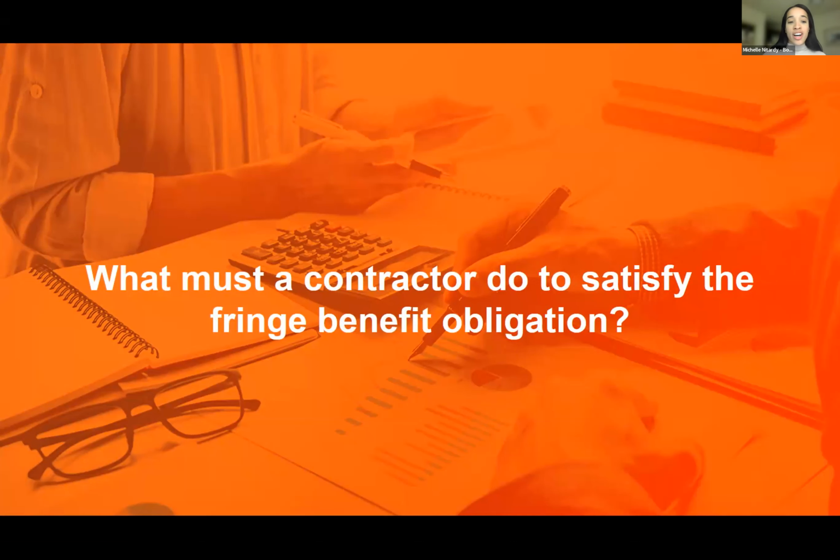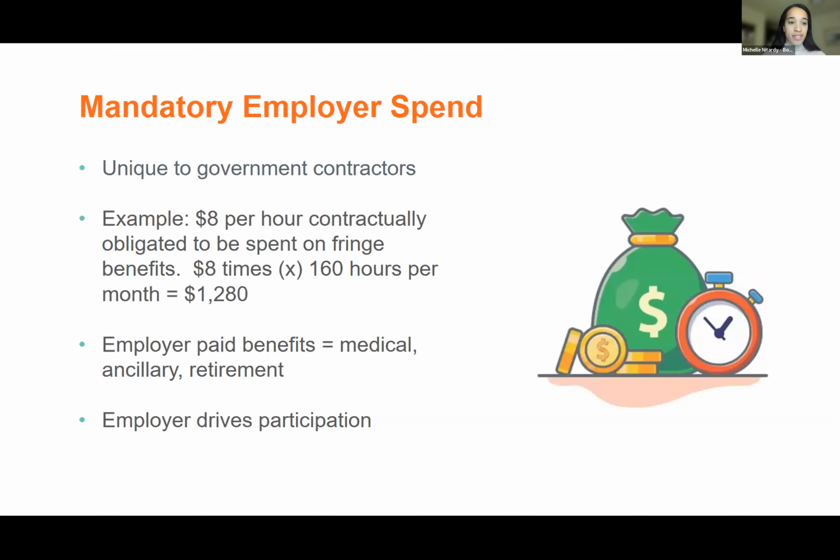So what must a contractor do to satisfy the fringe benefit obligation? Next. So it is really unique. And here's an example. Let's say you have an $8 fringe on top of the base wage, and you have an employee who is working 160 hours per month.